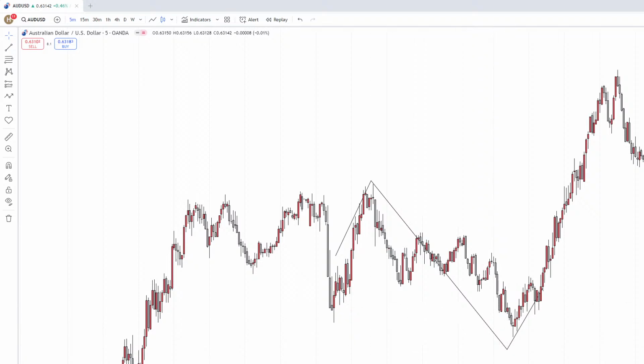I told you that after you've marked out your high and your low, all you have to do is mark out your high like this, and then mark out your low like this. Your low over here, your high over here.